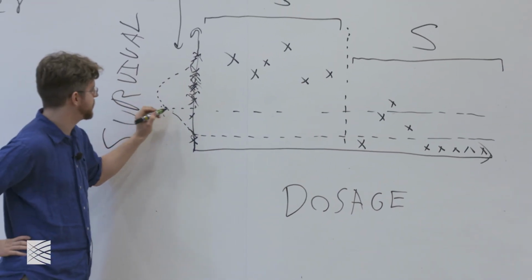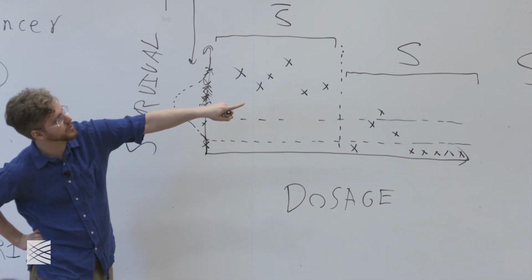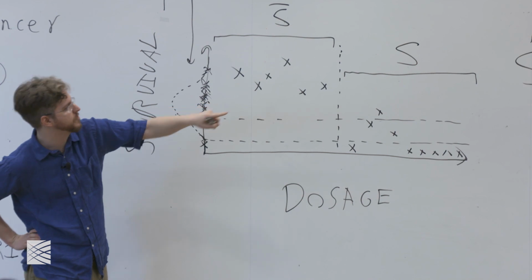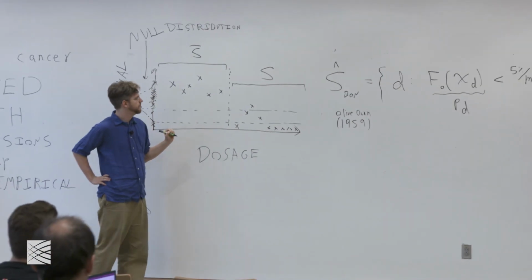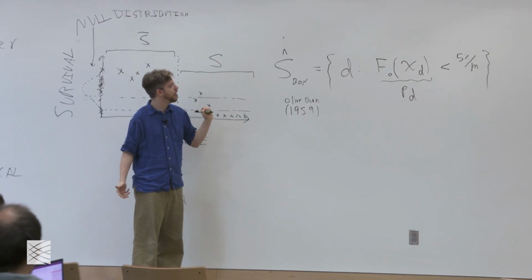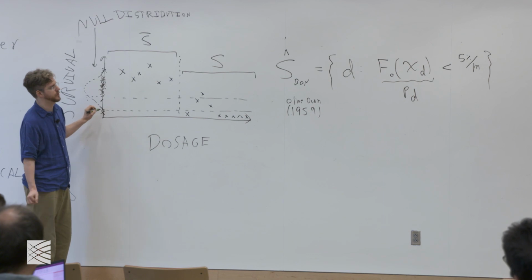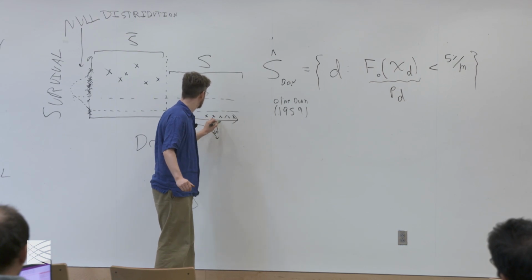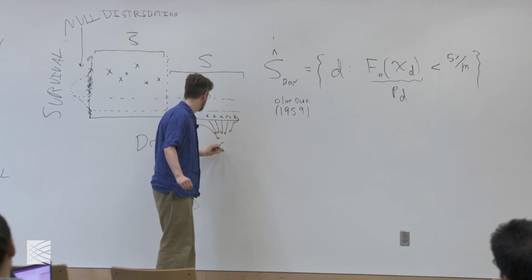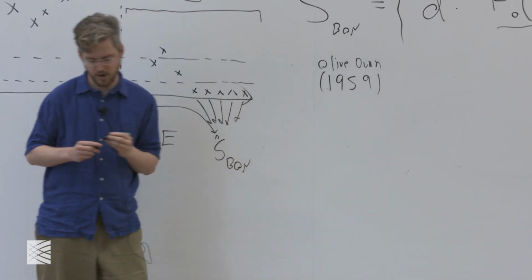Then actually, instead of the 5th percentile, we're going to look at the 5th divided by mth percentile, which is a much stronger, smaller threshold. We're going to pick all of the observations which fall below this Bonferroni threshold, the percentile of 5% over m. Here's what Bonferroni is going to give us: S hat Bonferroni, or Olive Dunn.